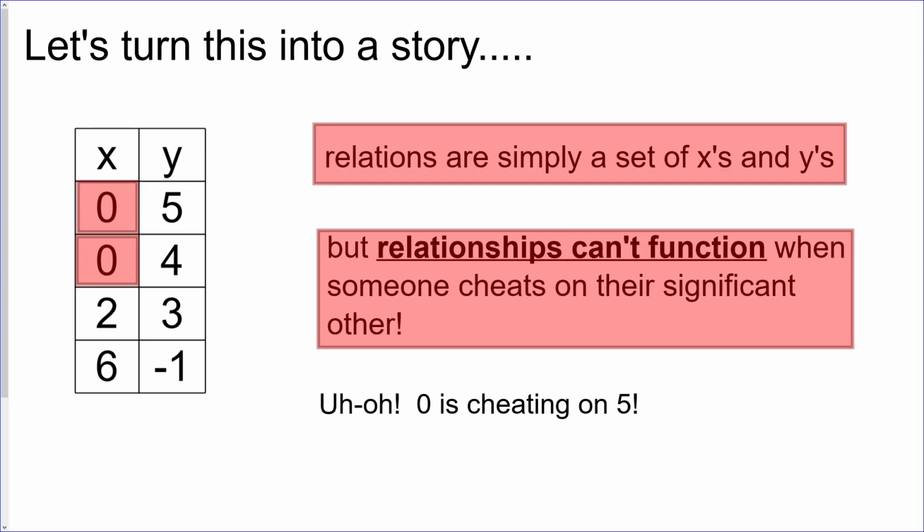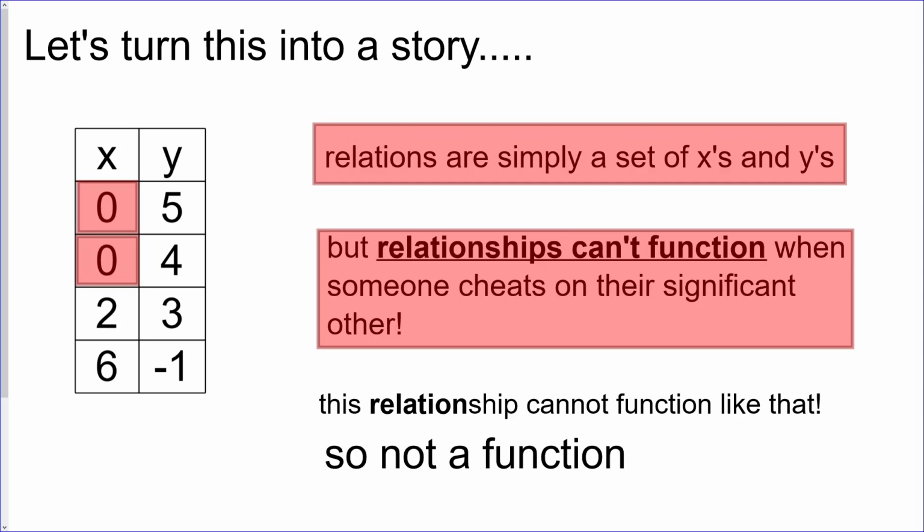Oh yeah, that's definitely cheating. So 0 is out with 4, but 0 is supposed to be with 5. That's cheating. Do you think that relationship is going to work? No, that relationship cannot work. I'm sorry, it's not going to happen. So is this XY table a function? No, that relationship can't function because 0 is a cheater. So it's not a function.